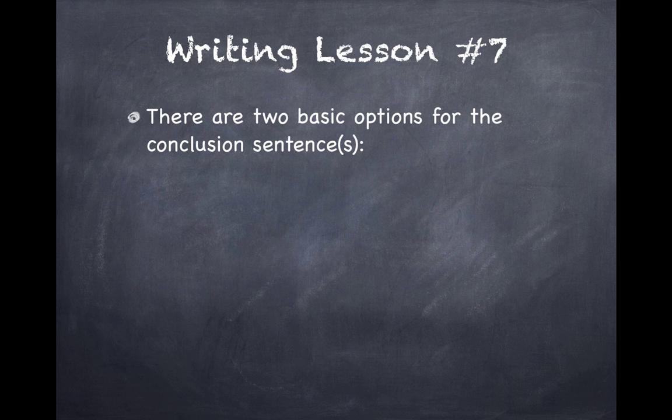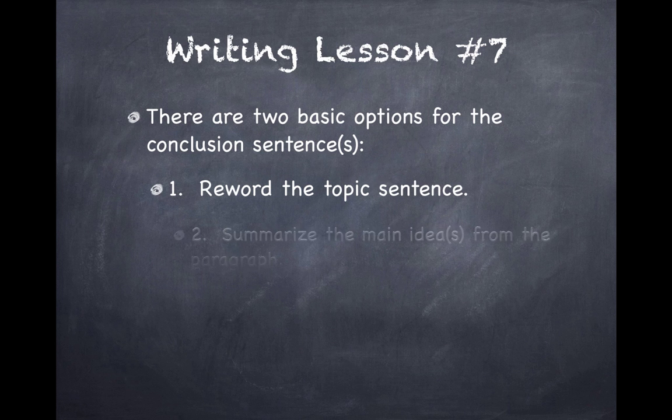Now, there are two basic options for the conclusion sentence or possibly sentences. Number one, the easiest way, is that you look at your original topic sentence and you reword it. Any phrases that you might have used, you want to try to avoid using those. You can use synonyms, you can do different wordings, you can rearrange, add in some different descriptive words like adjectives, you reword the topic sentence.